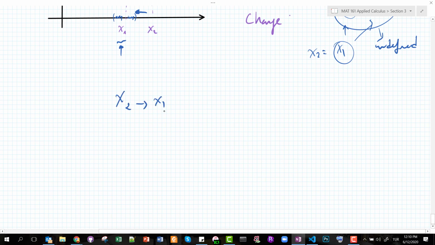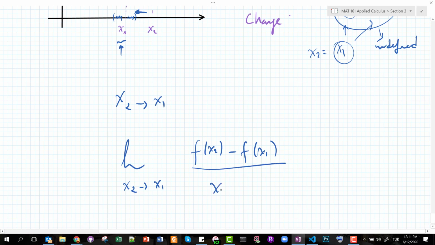So this means I can use the limit approach to get the instantaneous change. If x2 goes to x1, I can write this limit in a new way. This is going to be equal to the limit of the change in f over x2 minus x1, and I'm going to call this the instantaneous rate of change. That's perfect.